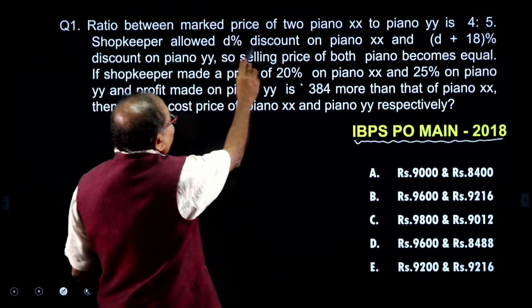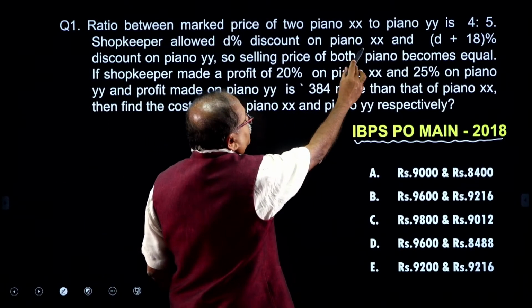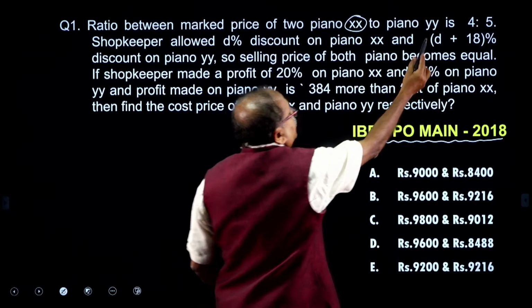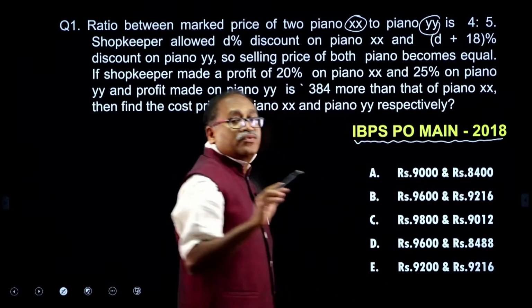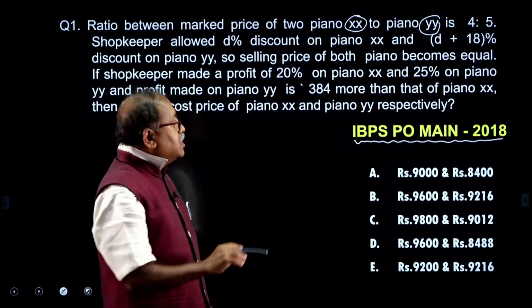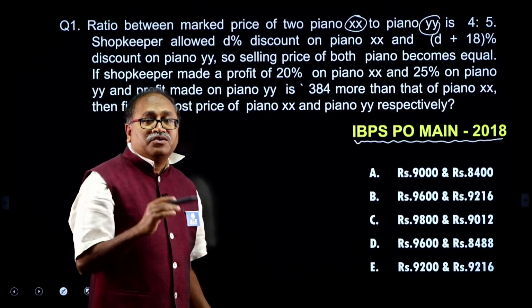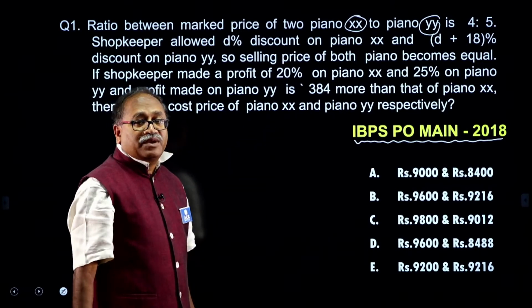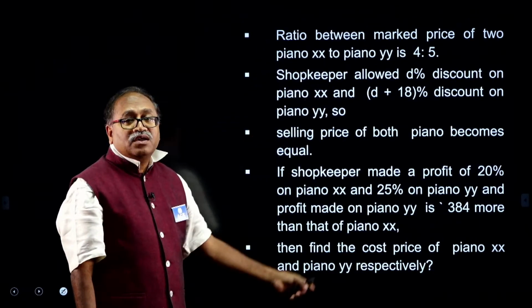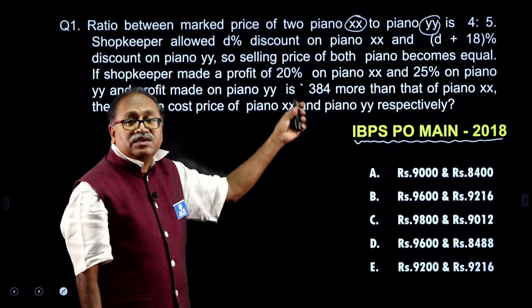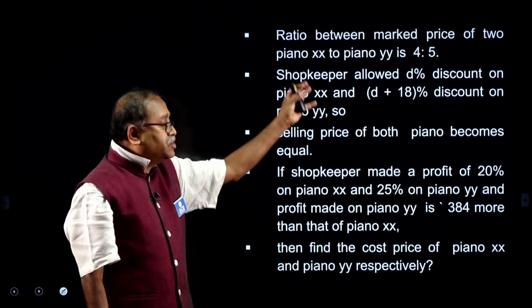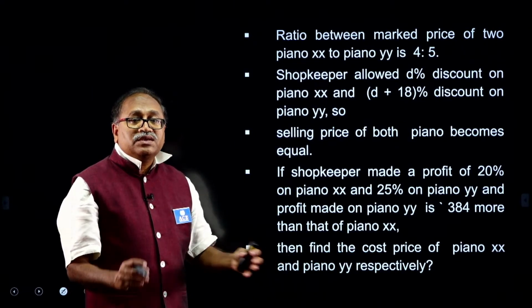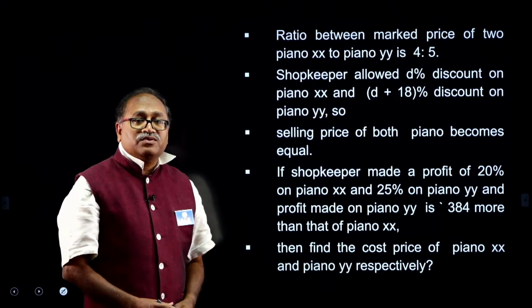The ratio between the mark price of 2 pianos XX and YY is 4:5. So, I took another slide in order to break up the information. Here, the same information, I just broke part-wise for better understanding of the question.